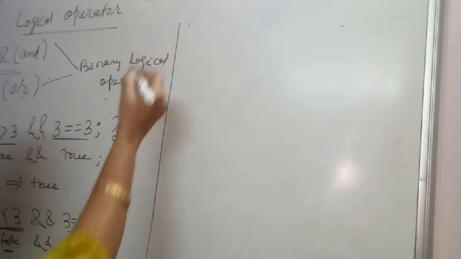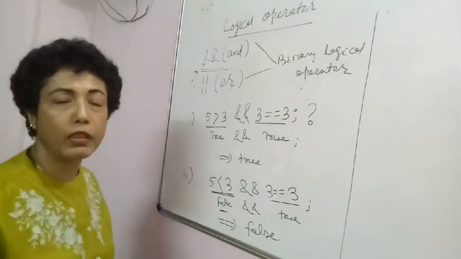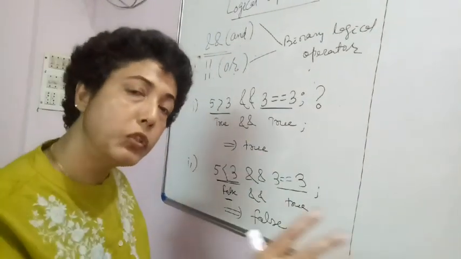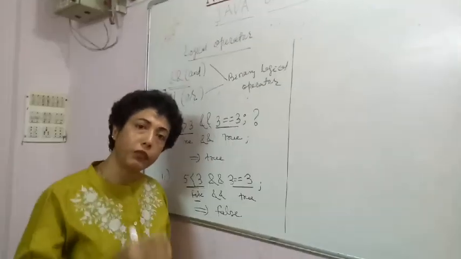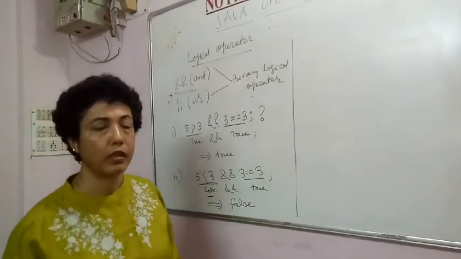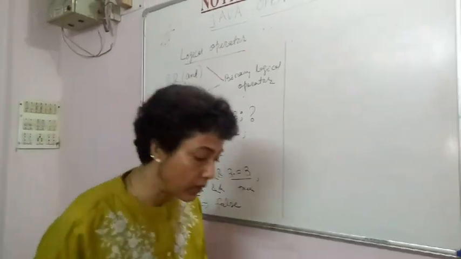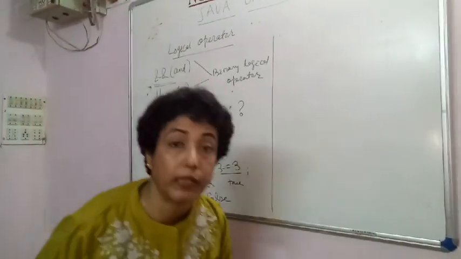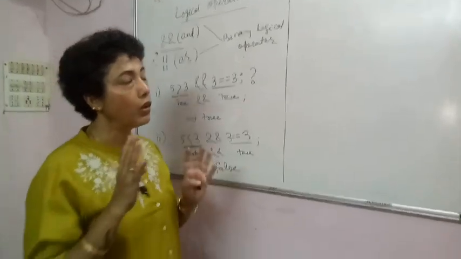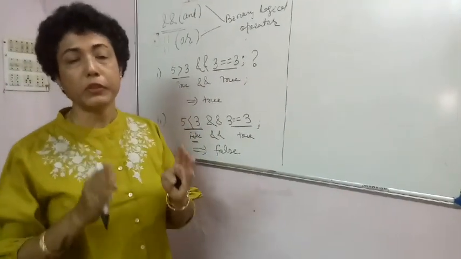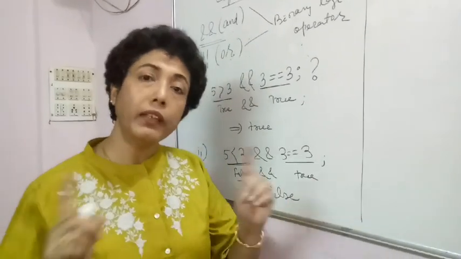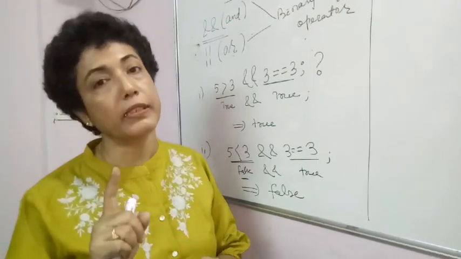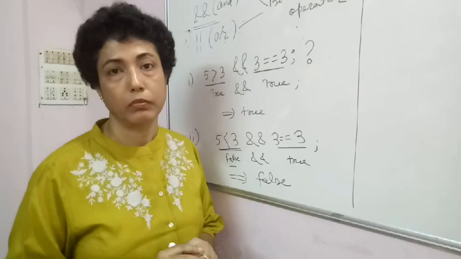The OR logical operator, like the AND logical operator, also joins two relational expressions, and it also gives the answer in the form of true or false. Now when does it give the answer true and when false? The OR logical operator gives the answer true if any one of the relational expressions is giving the answer true.